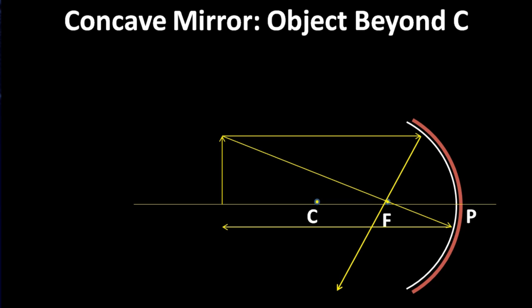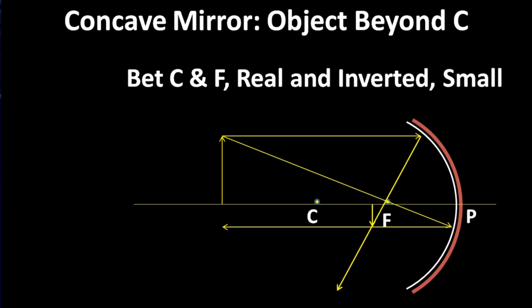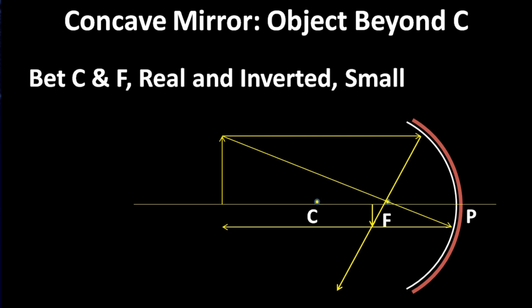The two reflected rays meet at a point between C and F and a real inverted image is formed. So, when the object is beyond C, the image is formed between C and F. Its nature is real and inverted, and size is small.